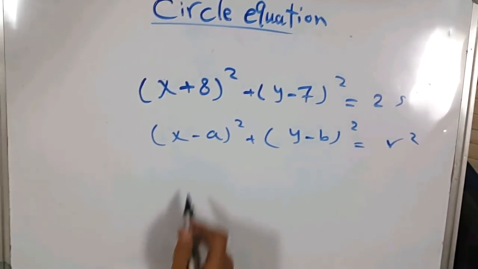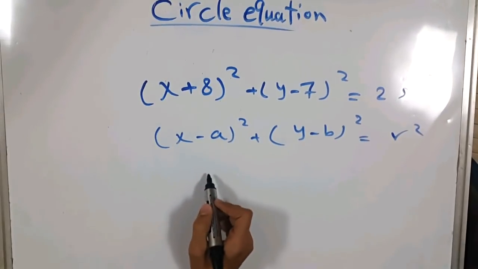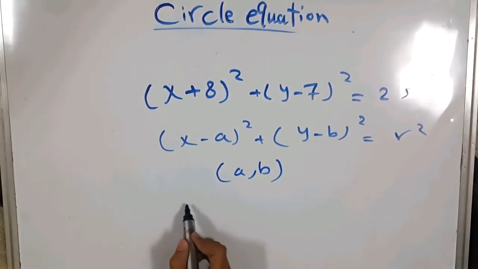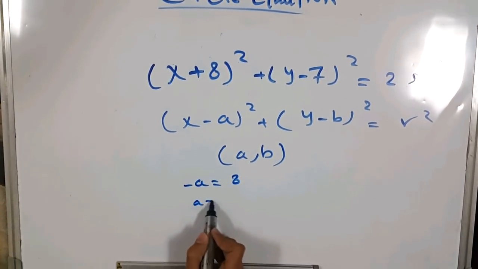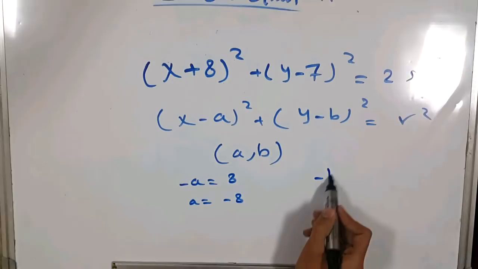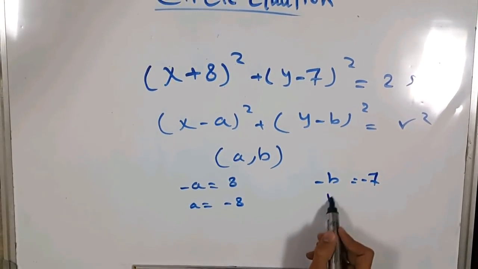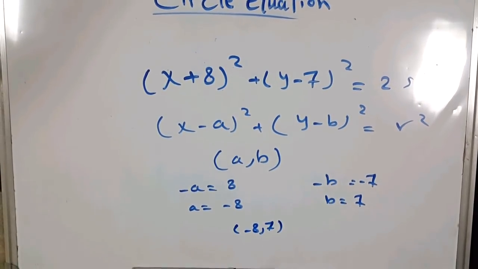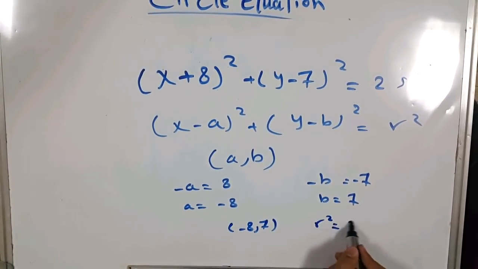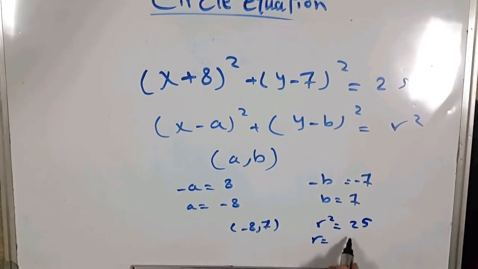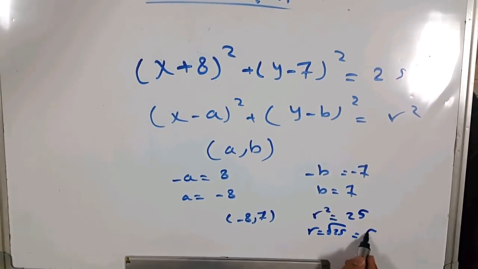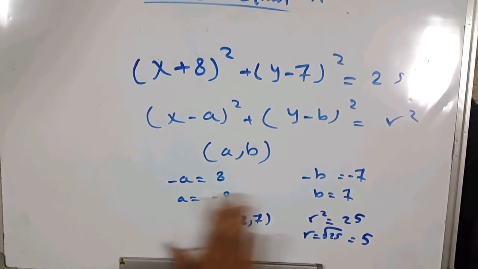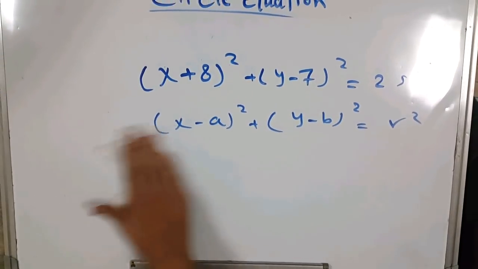We'll first find the center, which is (a, b). Here negative a equals 8, so a equals negative 8. Here negative b equals negative 7, so b equals 7. So the center will be (negative 8, 7), and here we have the radius squared equal 25, so the radius equals root 25, which equals 5. And negative 5 will be rejected, as the radius is a length unit, and there isn't a negative length. Okay, we move to another example.